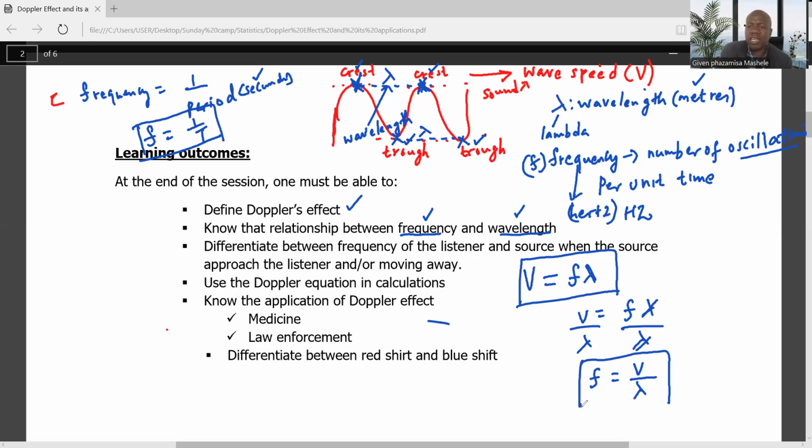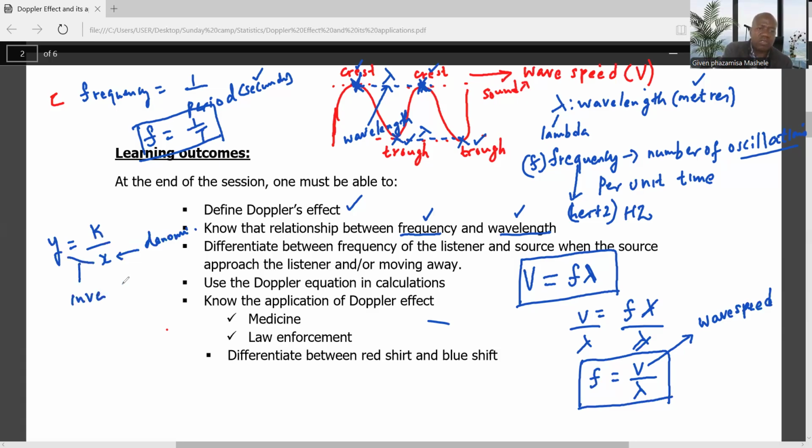Now I want us to look at the relationship between the frequency and the wavelength, assuming that the wave speed is the same. In mathematics or physics, if you have an equation like y equals k over x, any expression at the denominator is always inversely proportional to the other.